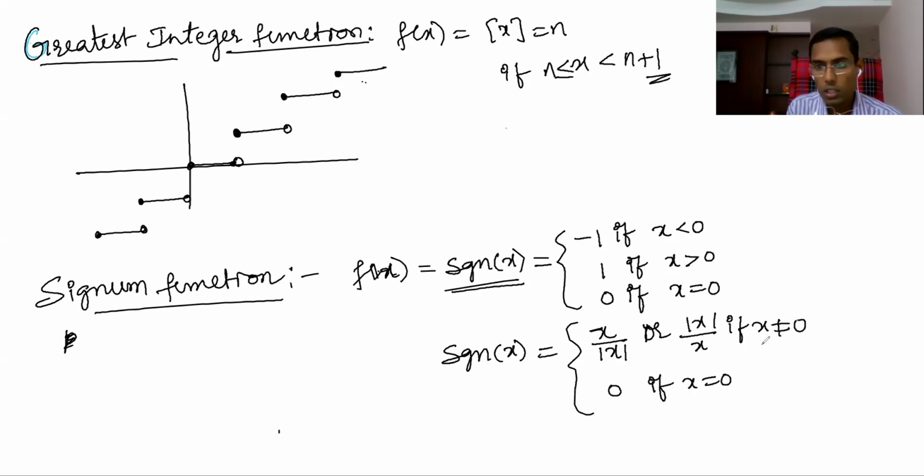That means when x is not equal to 0, you take signum x as either this or this.